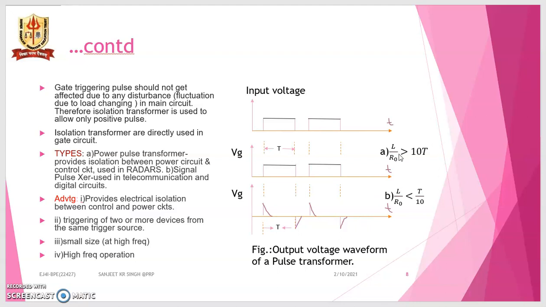Here we have 2 conditions: when L by R0 is greater than 10 times T, where T is the time interval between 2 pulses generated at the rising and falling edge, and the second case, where L by R0 is less than T by 10.